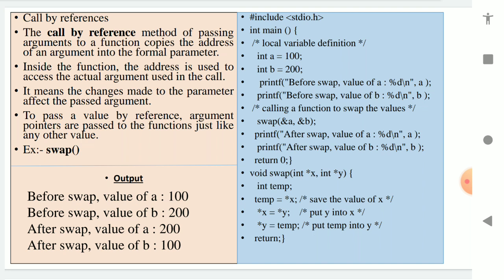This code and its output are given here. In this output we can see that before swap the value of a is 100 and the value of b is 200. After swap, the value of a is 200 and the value of b is 100.